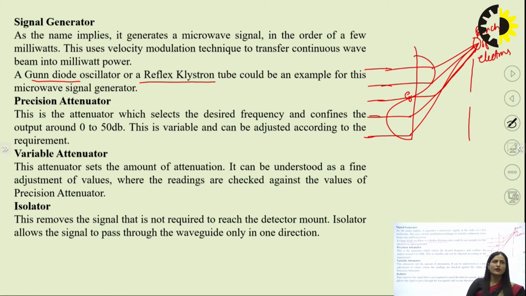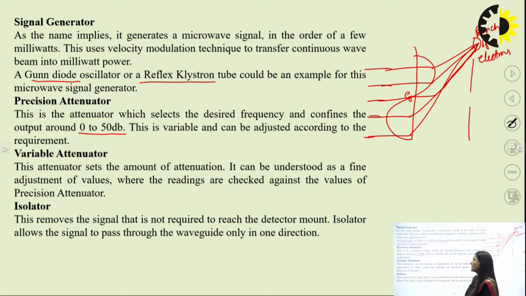This is the attenuator which selects the desired frequency and confines the output to 0 to 50 dB. This is variable and can be adjusted according to the requirement. It means the desired frequency will be confined between 0 to 50 dB only, right? Next component is the variable attenuator.